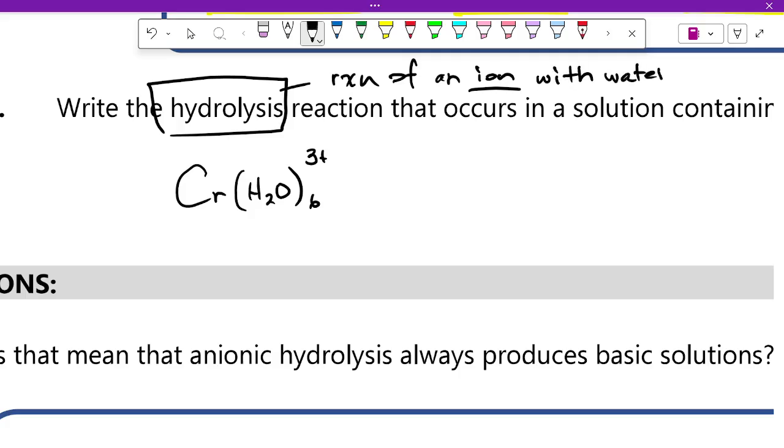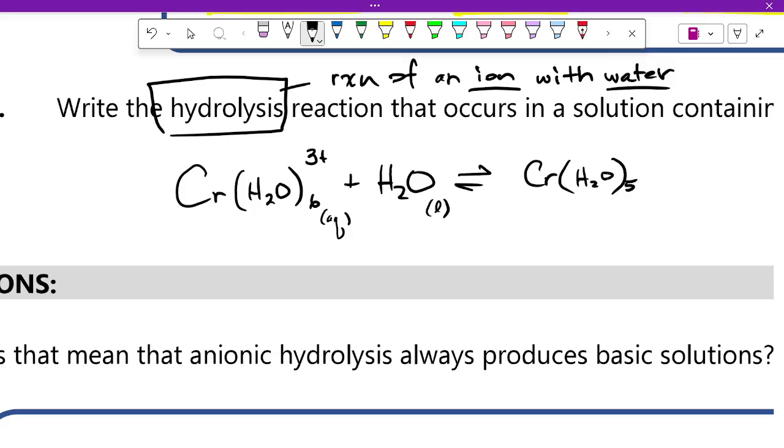You have to have water as a reactant. And if you forget how this works, just look on your chart. It gives it to you.